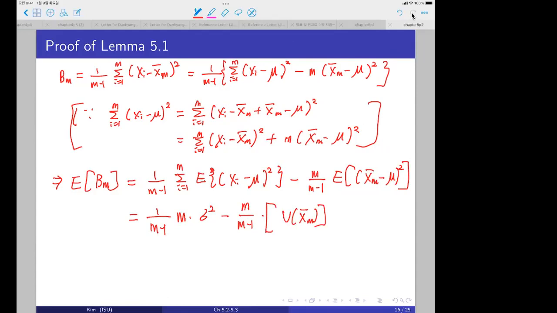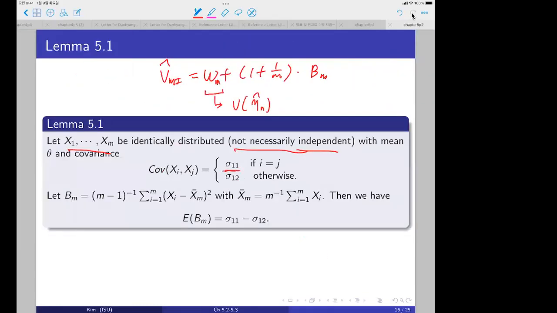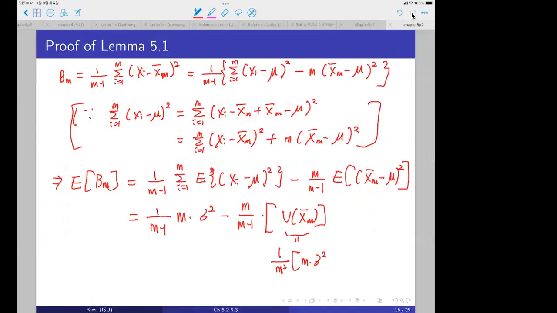So this is M square over M times sigma square. So here actually sigma 1, sigma 1 2. So this is sigma 1, and this one is sigma 1, M times M minus 1, sigma 1 2.